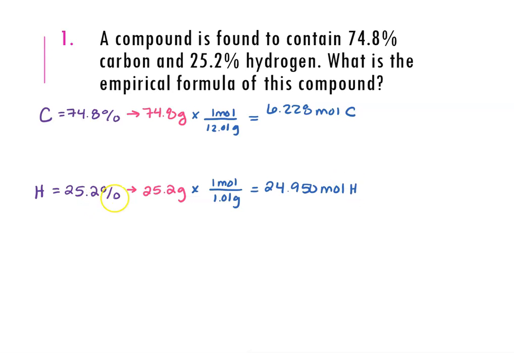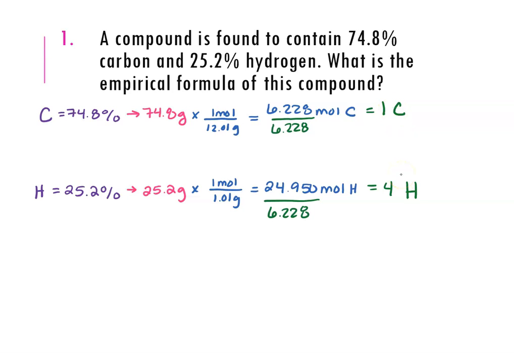All right, so I've done percent to mass, mass to moles. Now I'm going to divide by the smallest number to get me to hopefully all whole numbers. I'm going to divide both of these by 6.228 because that is smaller than 24.950. When I do this, I get 1 carbon, and when I divide the bottom, I get 4 hydrogens. So now I have whole numbers, which means that I'm done.